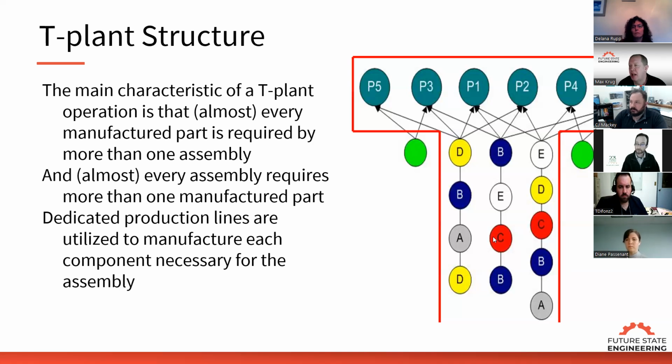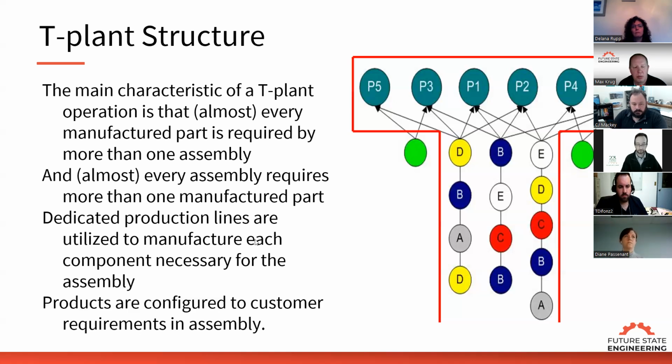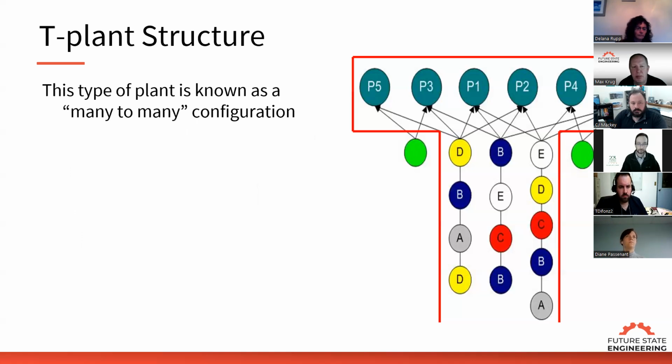So they have a line that makes cams, a line that makes cranks, right? All those come together. And then they put all these features on at the final assembly to make a whole variety of engines for the market. So products are configured to the customer requirements in assembly. And a T plant is a many-to-many configuration.